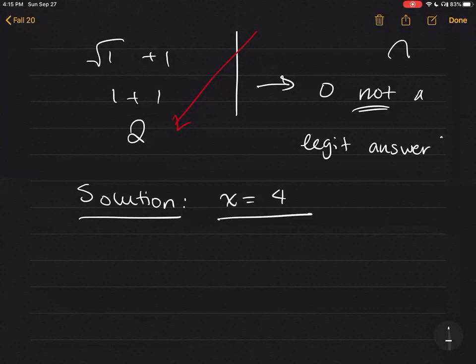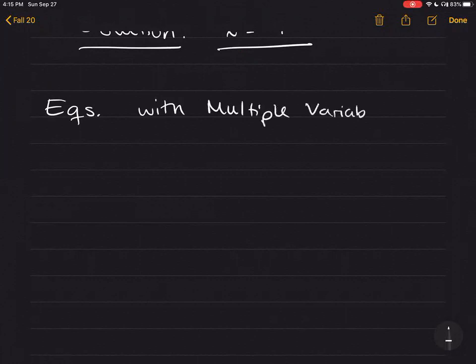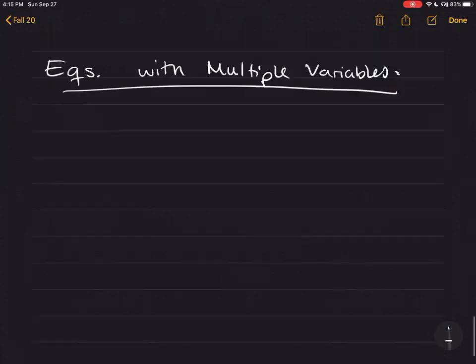Cool. All right. Last one I'm going to talk to you about is equations with multiple variables. And these are usually actually pretty straightforward, despite how scary they look sometimes. So solve for, and I'm going to have solve for x here, but we could be solving for anything like a or q or t, whatever variable works.